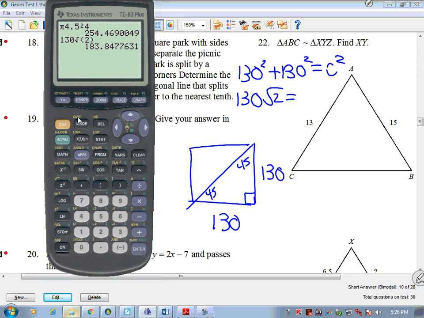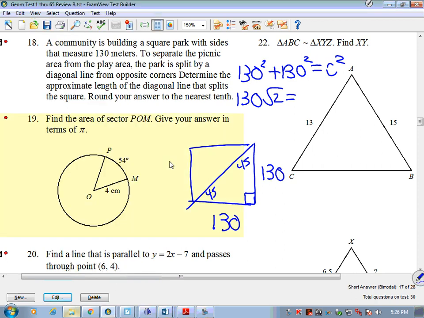Just to show you that the other method works, if we take the square root of 130 squared plus 130 squared, boom, I get the exact same answer. So 183.8 is my answer. Okay, and I believe it's in meters, 183.8 meters.